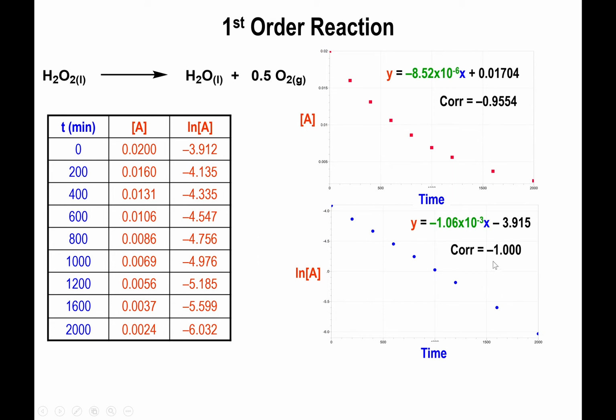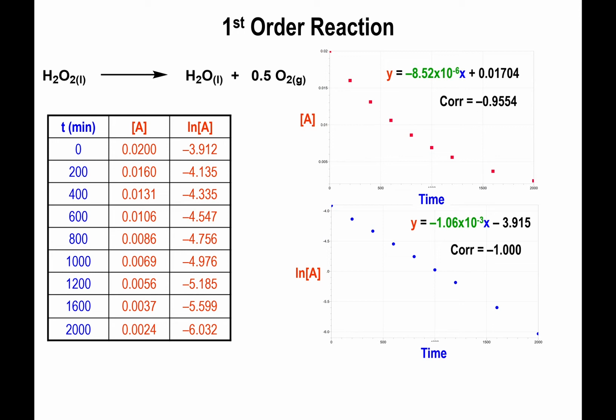The correlation value, in fact, is exact for this example. This is as good as it gets, right? This is in fact a first order reaction. And the fact that this is linear when you plot ln of A versus time is the proof you need to tell that this is a first order reaction.